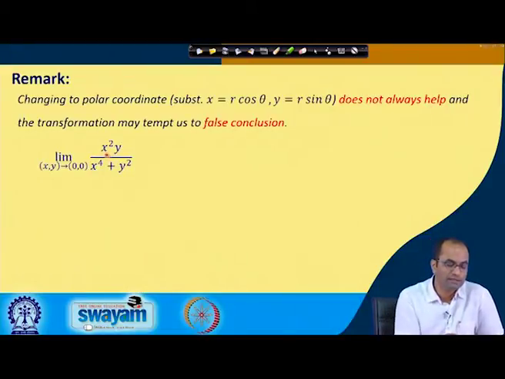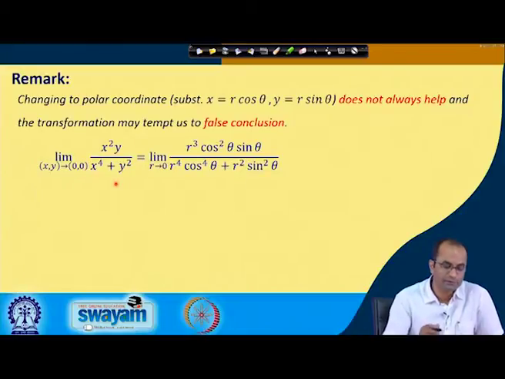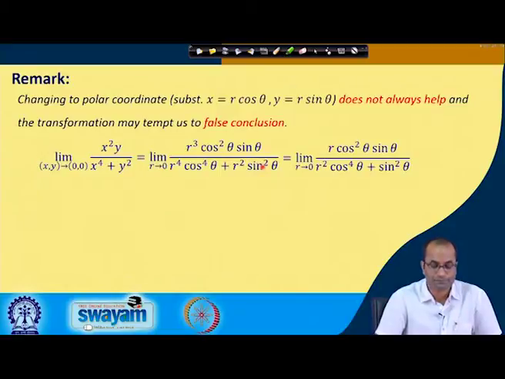If we take this x square y over x 4 plus y square, then if we substitute x is equal to r cos theta and y is equal to r sin theta, we will get r cube cos square theta sin theta, and again here r 4 cos 4 theta and r square sin square theta.